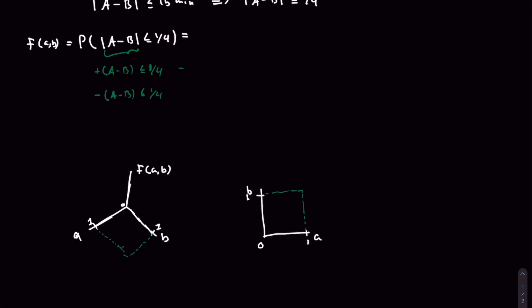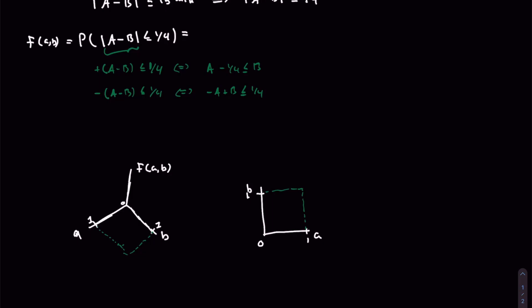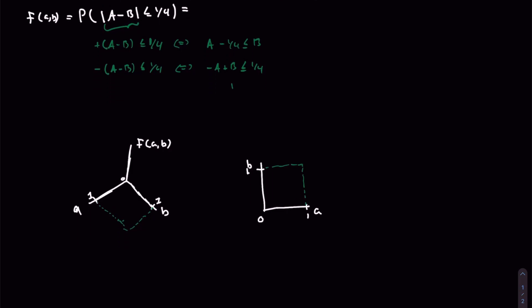So this is equivalent to A minus 1/4 B, and then we have the other region, which is minus A plus B less than 1/4, and this whole thing means B is less than or equal to 1/4 plus A.